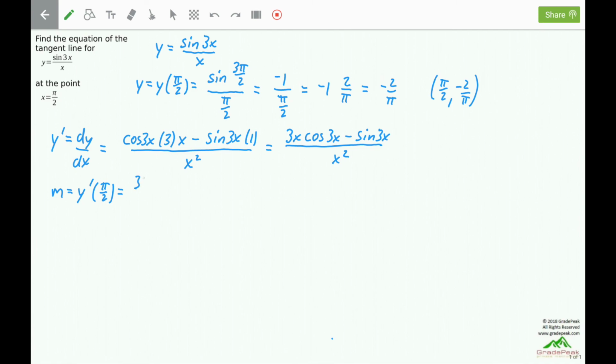So our slope is going to be y prime of pi over 2, which will give us 3 pi over 2 times the cosine of 3 pi over 2 minus the sine of 3 pi over 2, and that entire thing over pi divided by 2 quantity squared.